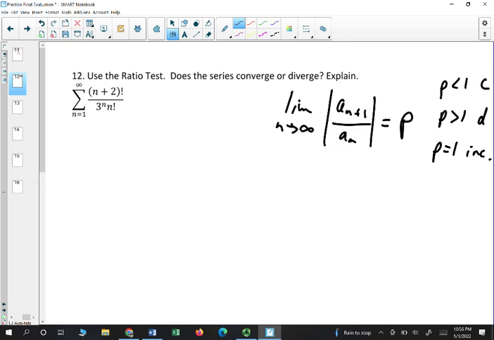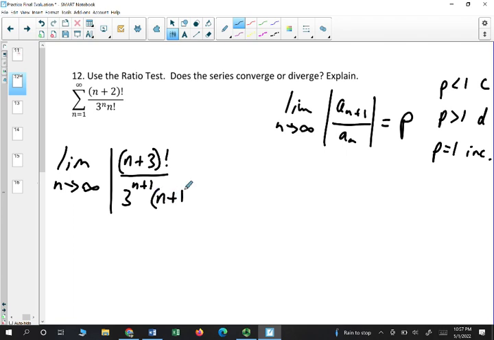Okay, so let's do it. We have limit as n goes to infinity. We'll have our next term, so n plus 2 plus 1 will be n plus 3 factorial over 3 to the n plus 1 times n plus 1 factorial.